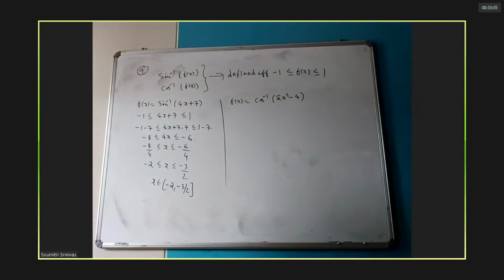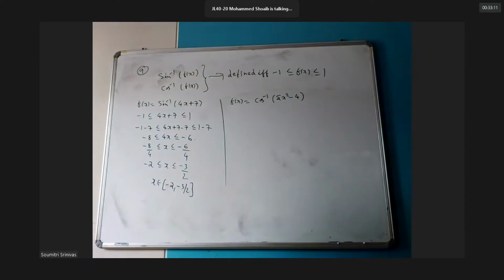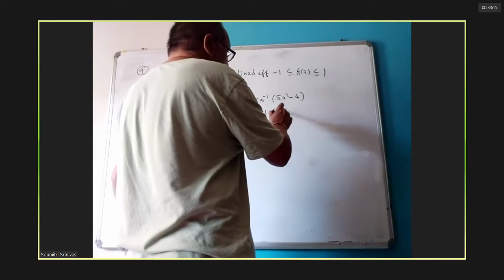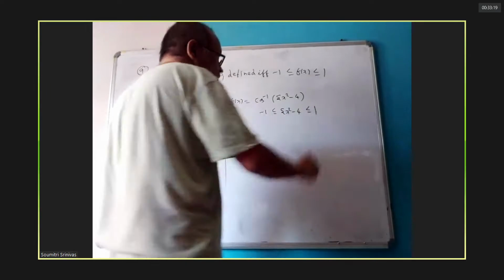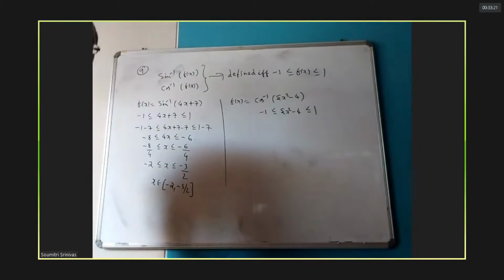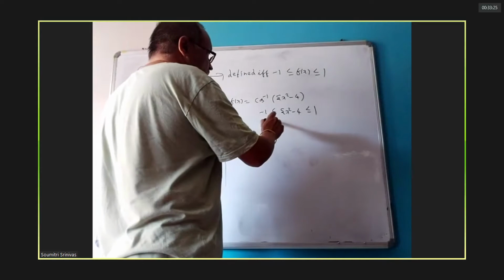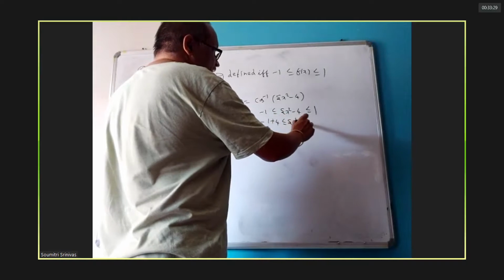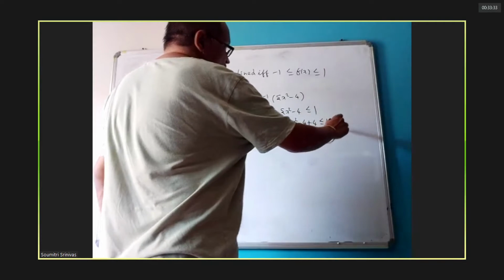Next one. Root 3 by 5 comma 1. -1 less than or equal to... What should I add? 4. -1 plus 4, 5x square minus 4, 1 plus 4.